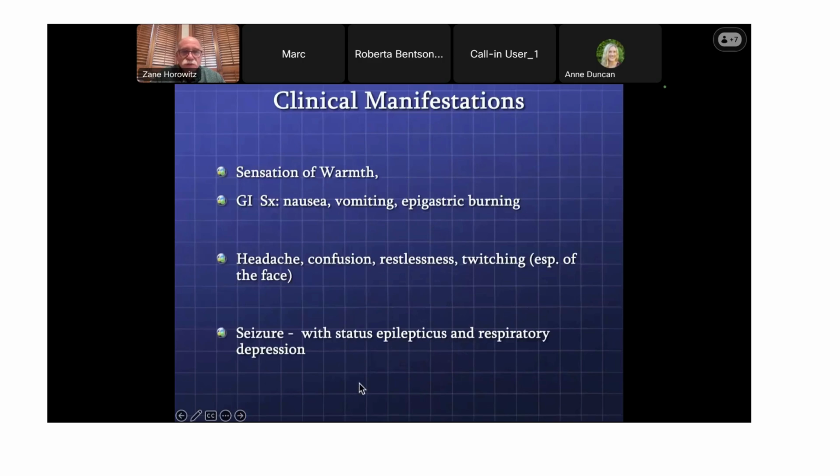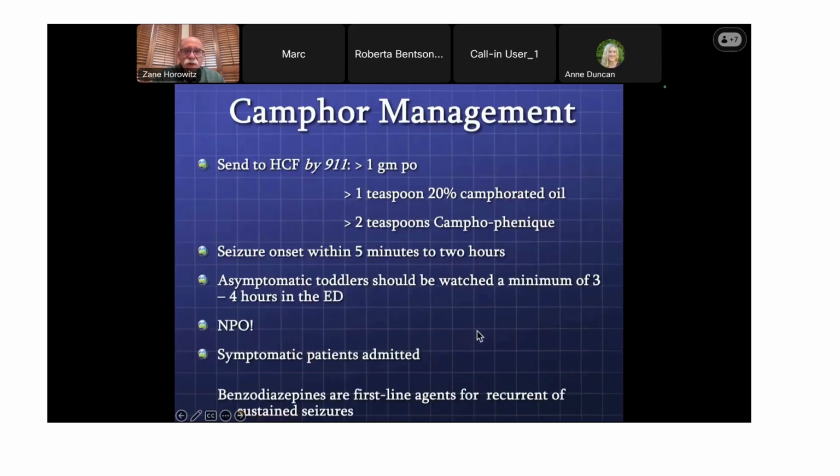Usually there's a sensation of warmth, epigastric burning, nausea and vomiting, headache, confusion, progressing to restlessness, twitching, and then seizing. These are our guidelines, I believe, but they pretty much go along with general guidelines. A teaspoon of 20% camphorated oil gets a 911 call.